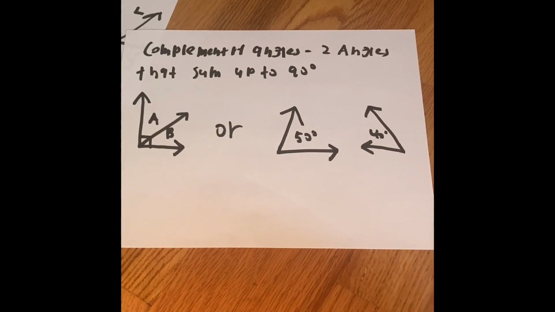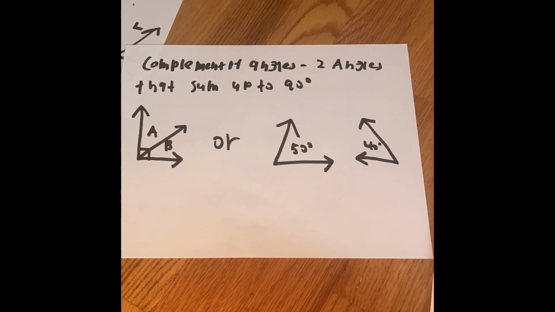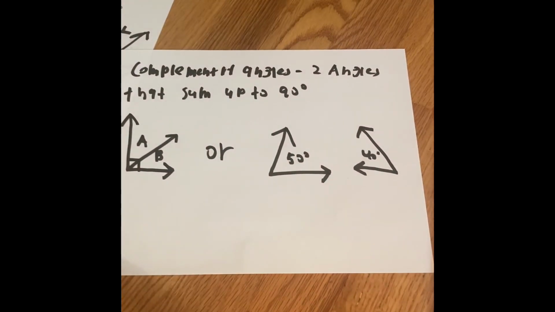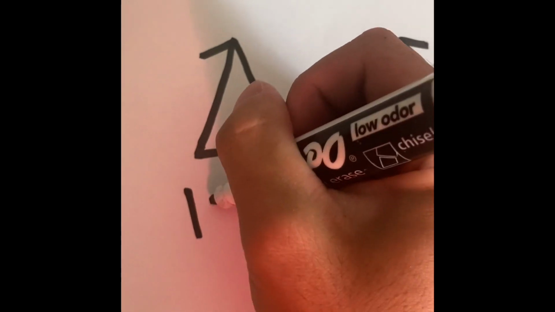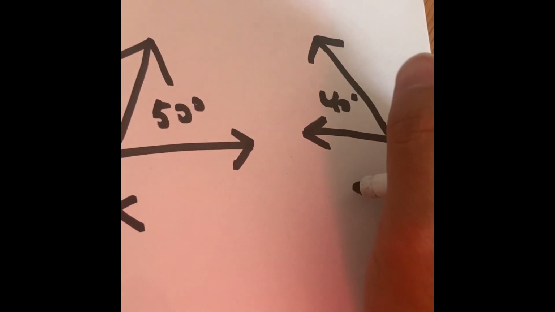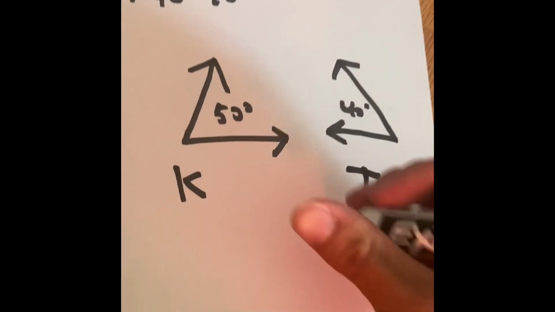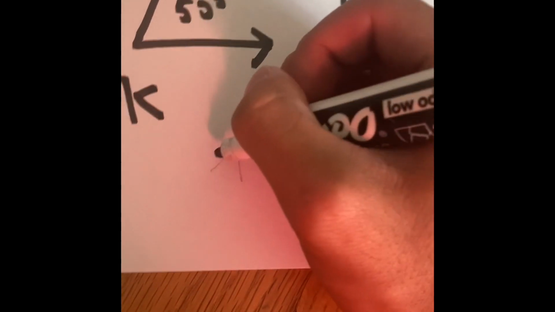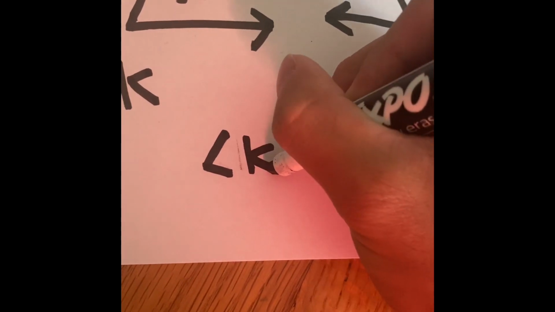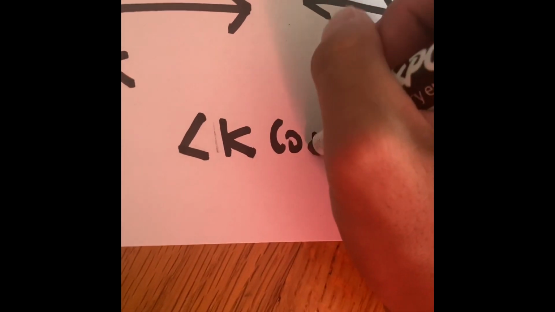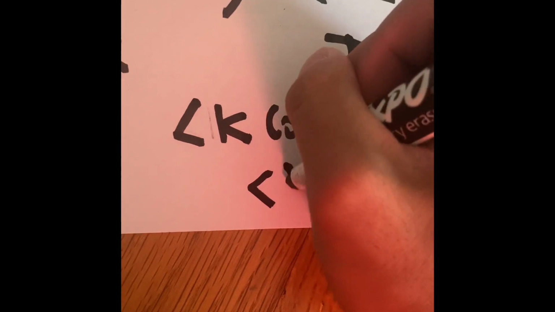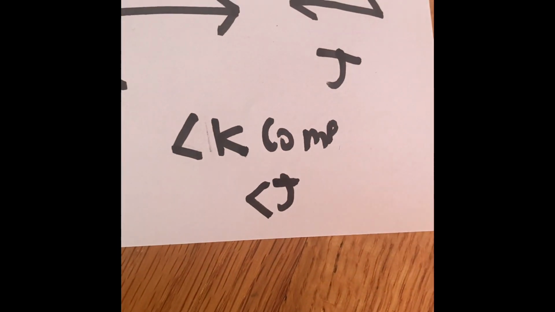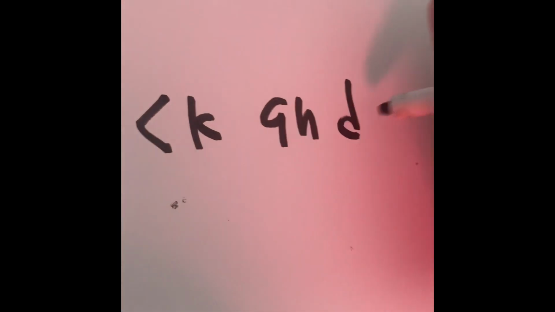If we want to say this mathematically, let's name this angle K and this angle J. Since they are equal to 90 degrees, we say that angle K is complement with angle J. There's another way we can say it: angle K and angle J are complementary angles.